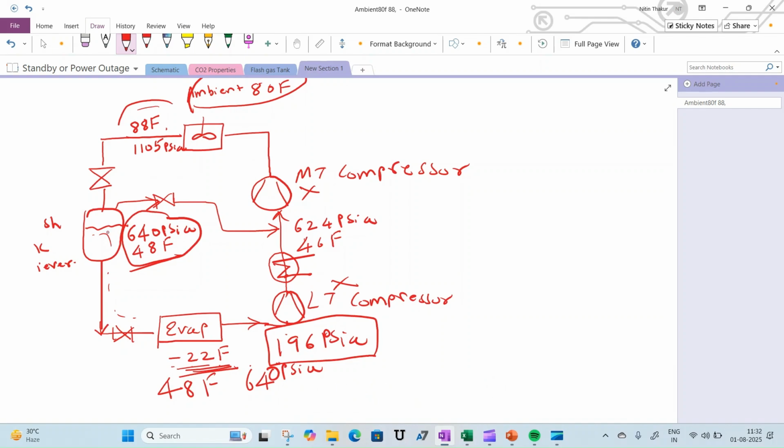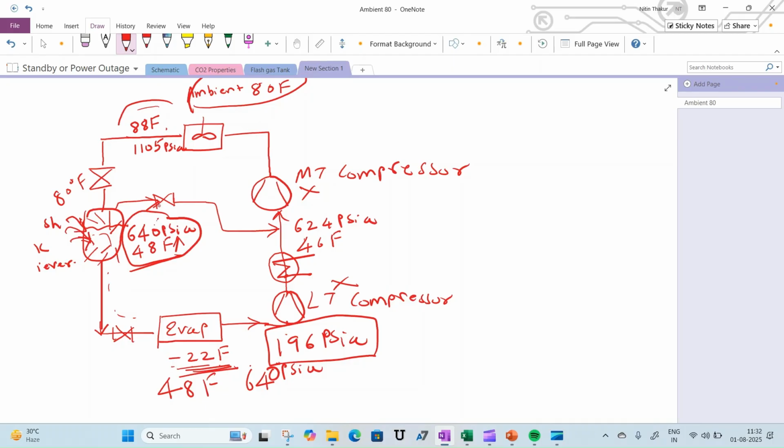Because of the insulation losses, since the ambient temperature is 80 degrees Fahrenheit, the ambient temperature will try to put heat into this flash gas tank receiver. And as the temperature rises, the pressure will keep on rising.